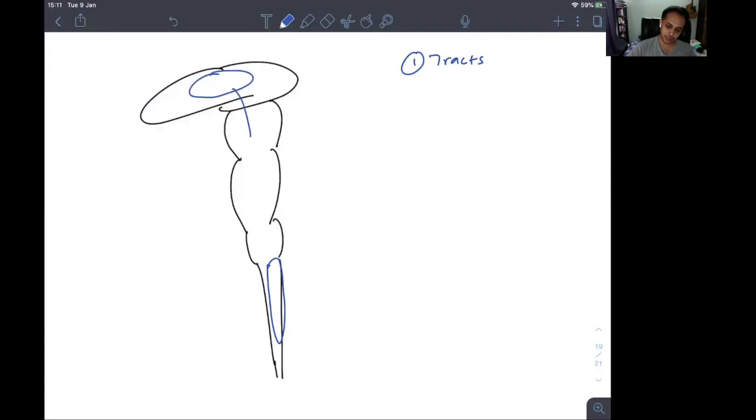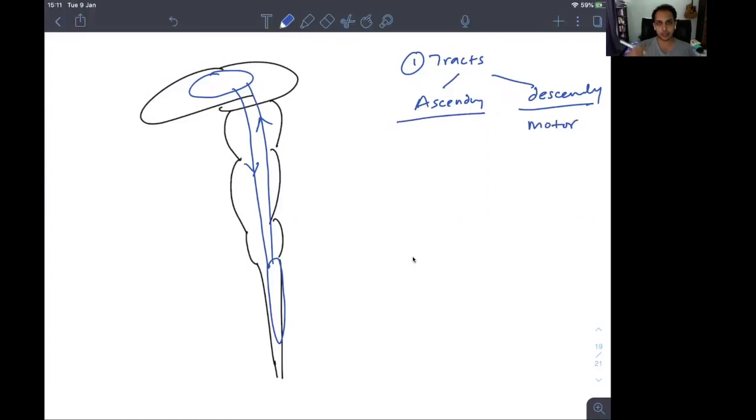There are tracts that pass through the brainstem, either going down or going up. So tracts can be ascending or descending. Descending tracts, meaning tracts coming from the cortex to the spinal cord, are motor, and ascending tracts, going from the spinal cord to the brain, are sensory. So this much is logical.